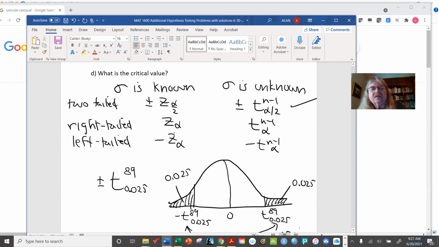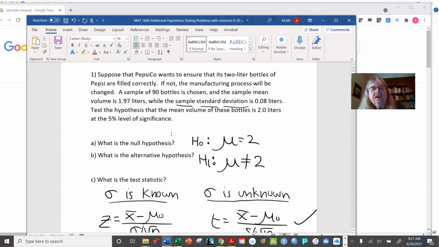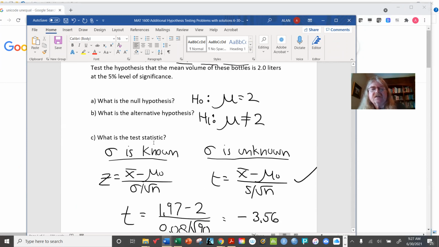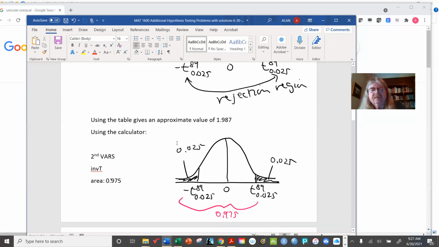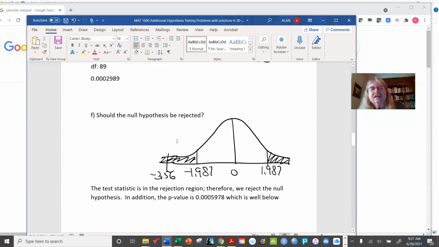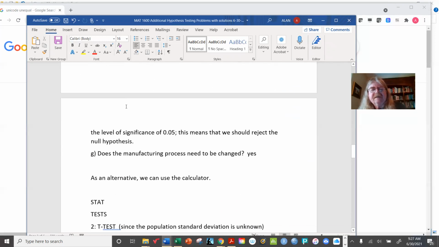But for some of these questions, you do need to know, for example, what the test statistic is. Even if you use your calculator, you still have to be prepared to explain what the test statistic is and how you got your critical values. So the calculator is fun, but it's not enough by itself. Let's put it that way.